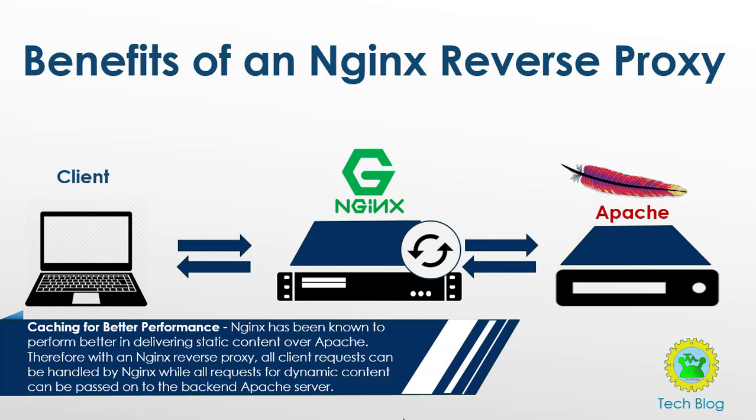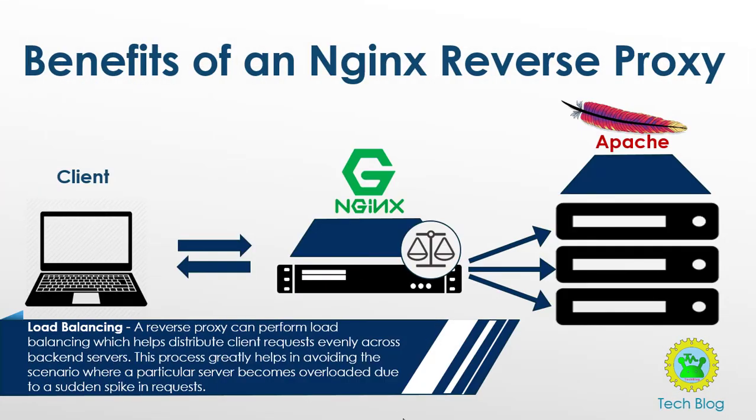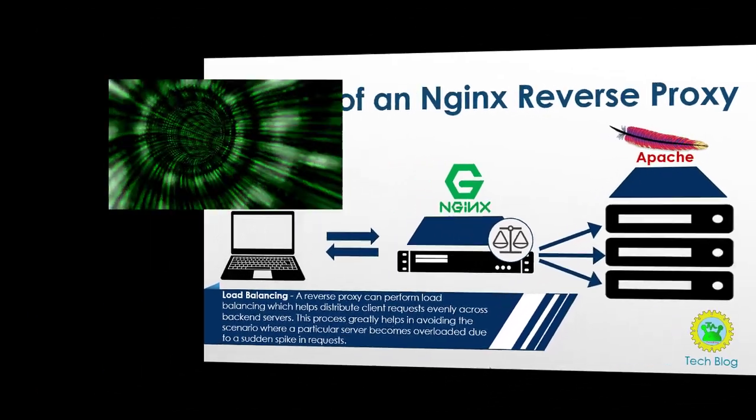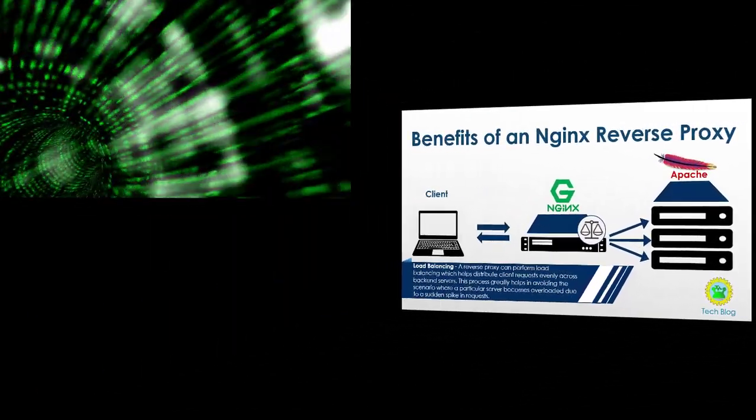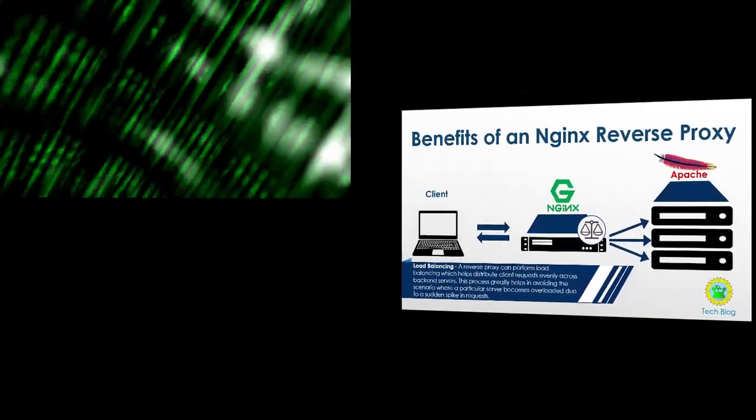Second is load balancing. As a reverse proxy, Nginx can perform load balancing, which helps distribute client requests evenly across backend servers. It helps avoid the scenario where a particular server becomes overloaded due to a sudden spike of requests.